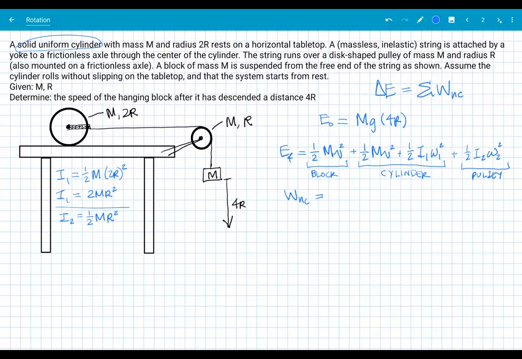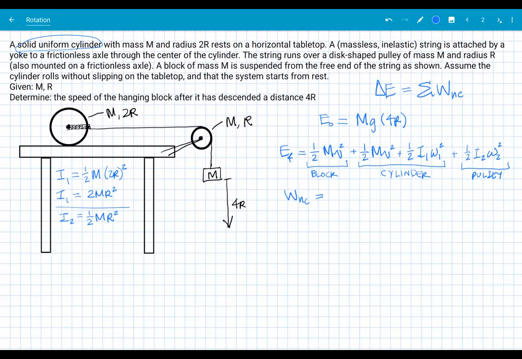So for our non-conservative work here, we don't have any kinetic friction. You might wonder about the static friction of the rolling cylinder. Static friction doesn't do work in this case. You will see a derivation where I show the relationship between static friction and work in the context of rolling.